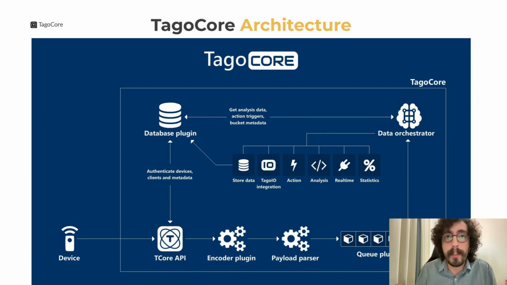Because if you look at the data orchestrator part, it mostly handles sending the data after parsing the payload to the database plugin, which you have set up on your TagoCore. But it might trigger some actions or it might trigger some analysis. You have real-time events, you have statistics.